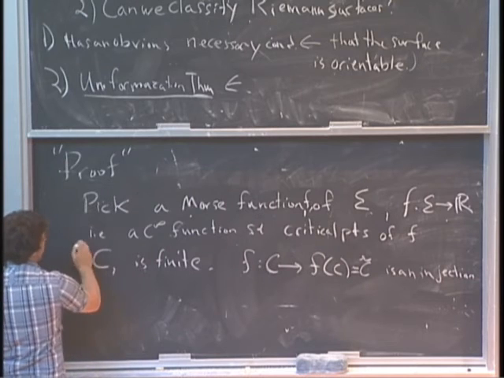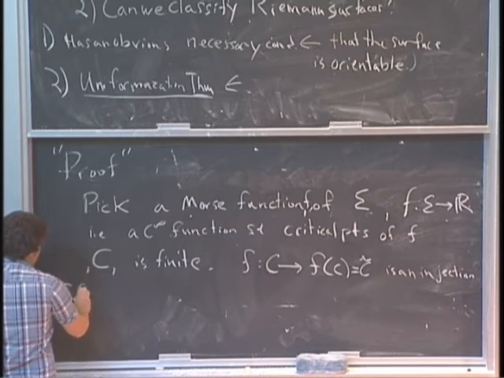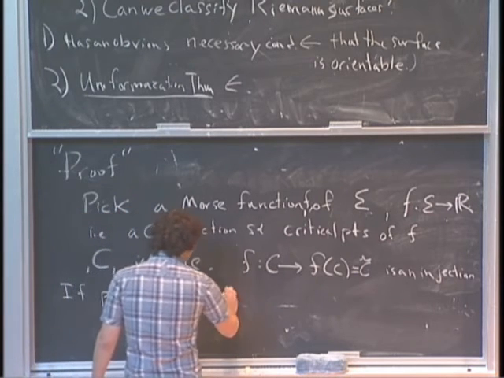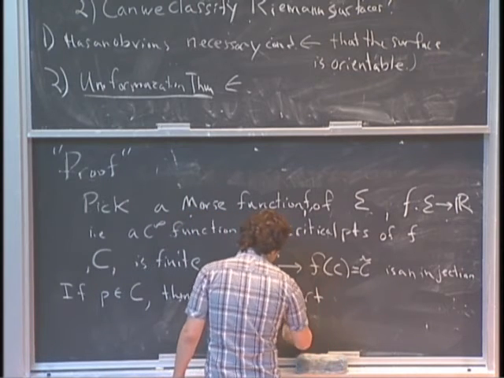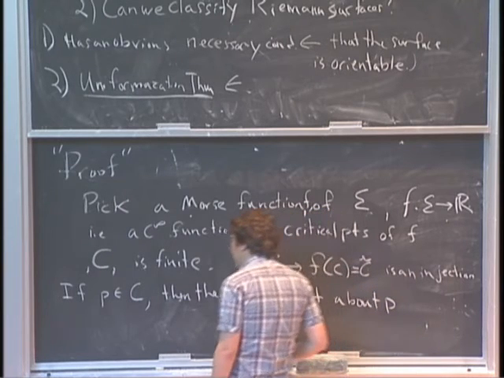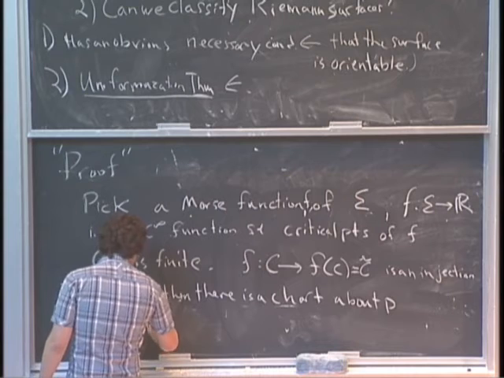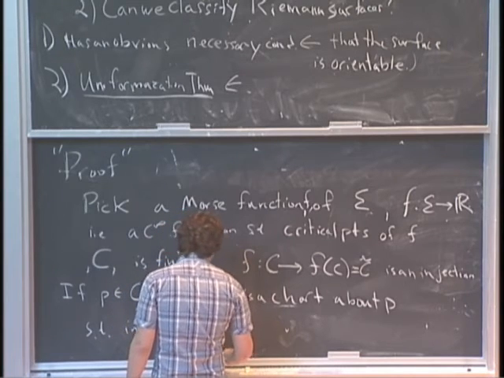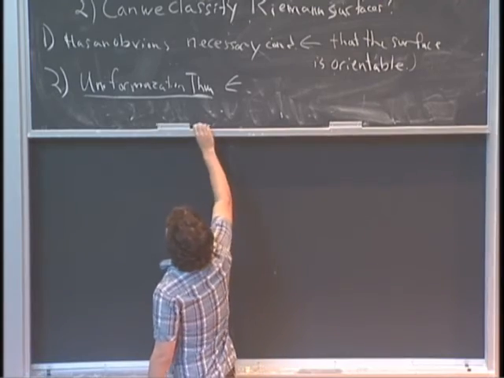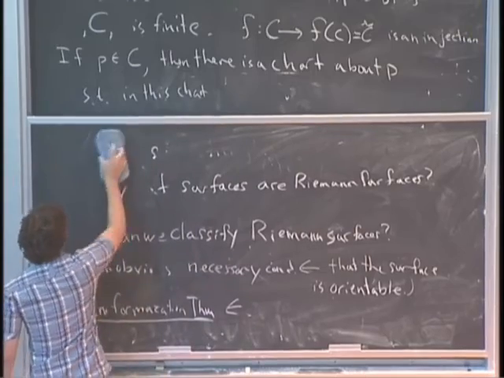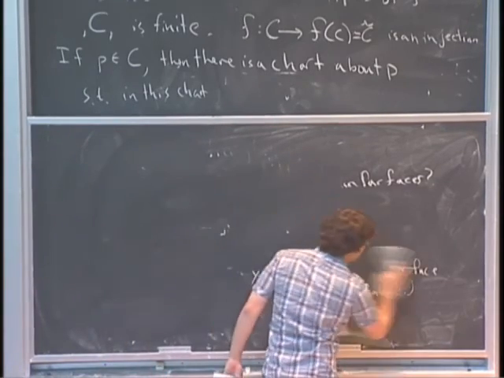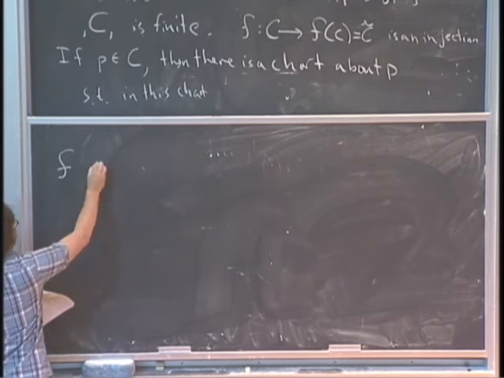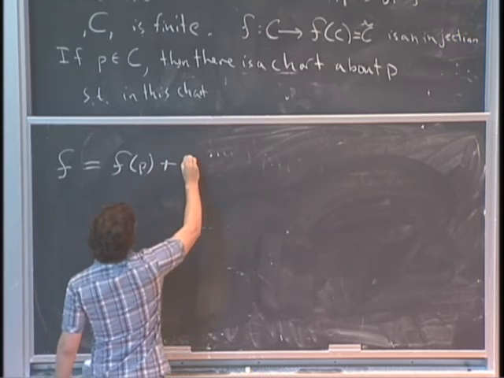And then the final condition is that we want to assume that if p is a critical point, then there is a chart about p such that in this chart we have that f is equal to f of p plus either x squared plus y squared.